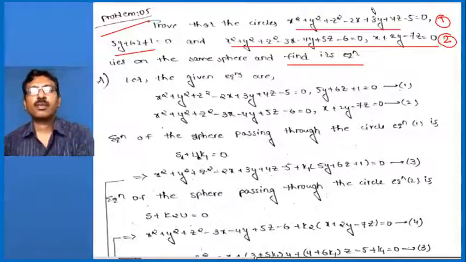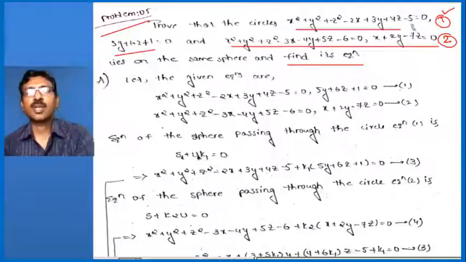In other words, we find the equation of the sphere passing through the first circle, and the second circle also lies on the sphere.